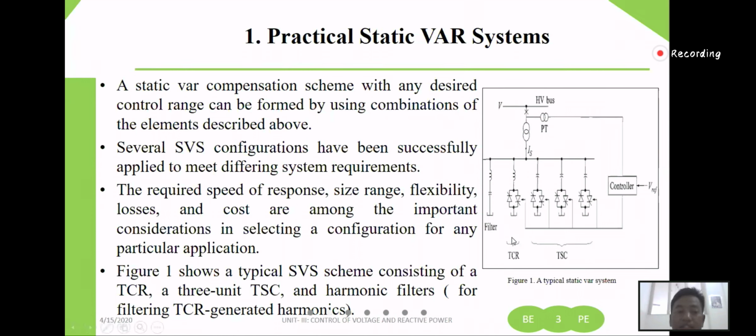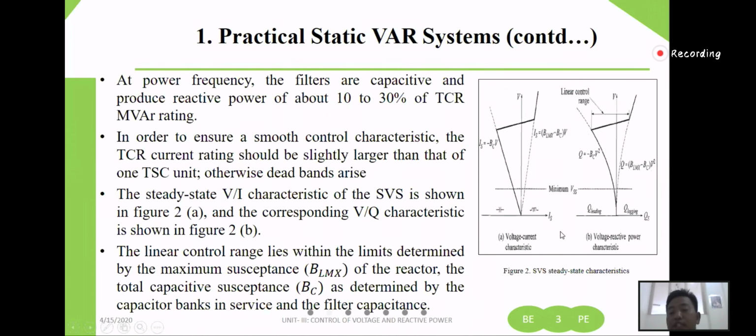Okay, so this is about the practical SVC. Now you can see that you just combine the VI characteristics of these two, TCR and TSC, and then you will get the practical one.